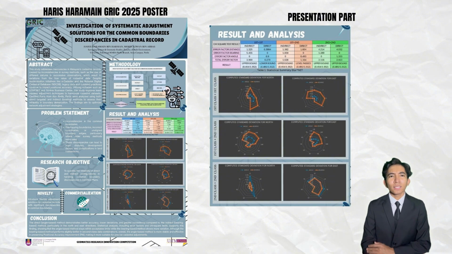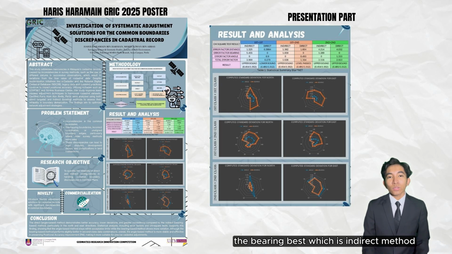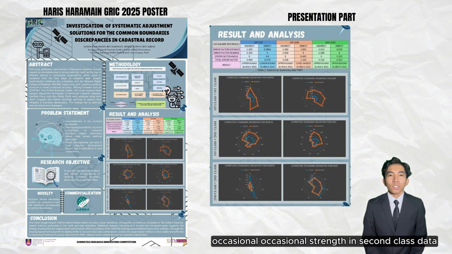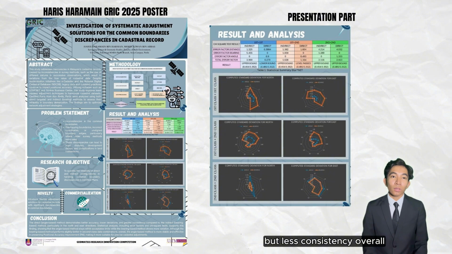On the other hand, the bearing-based method, which is the indirect method, showed greater variability in positioning, with occasional strength in second-class data, but less consistency overall.